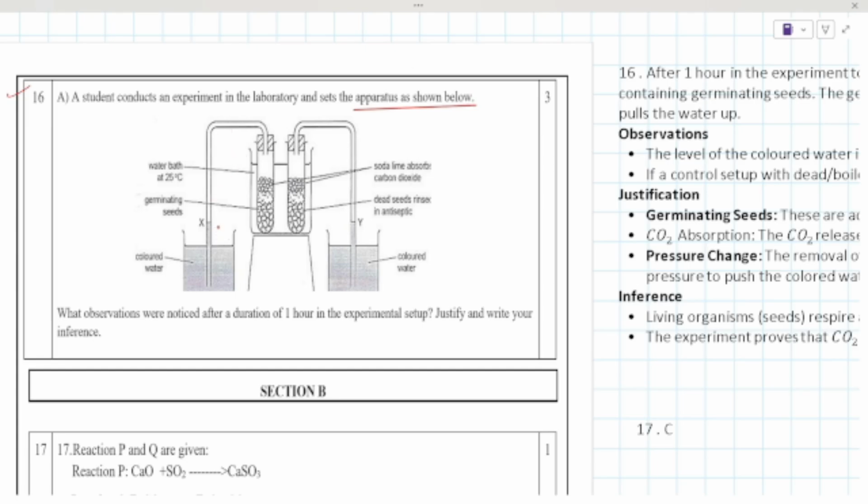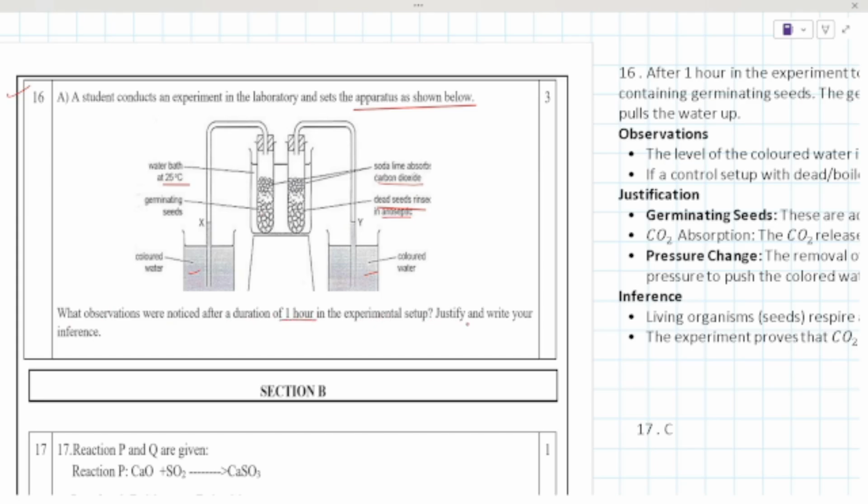As you can see here, it is colored water, again colored water here, and it is a water bath at 25 degrees Celsius, with germinating seeds, and the other one has soda lime for carbon dioxide. Here it is dead seed. So the question is: what observations will we notice after a duration of 1 hour?